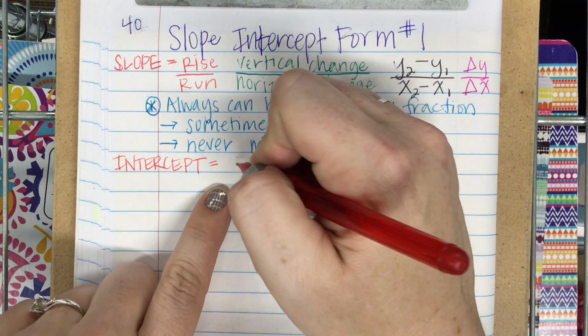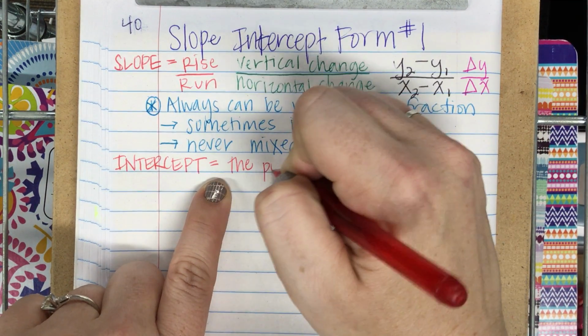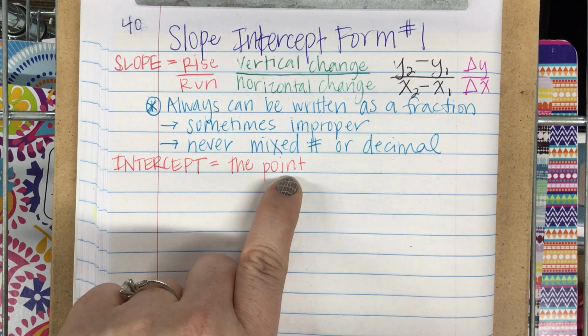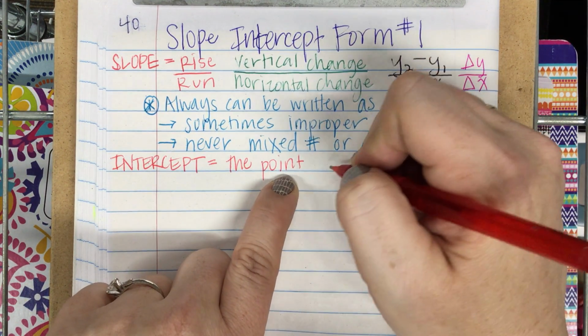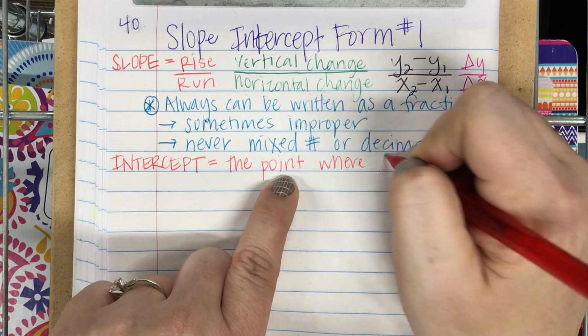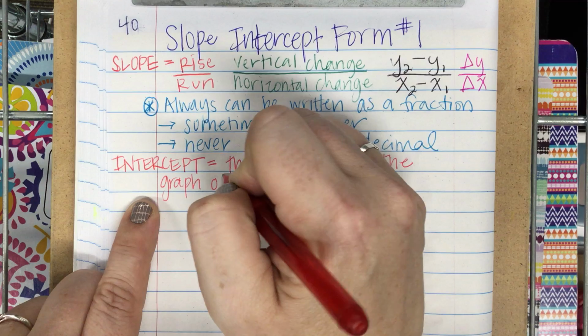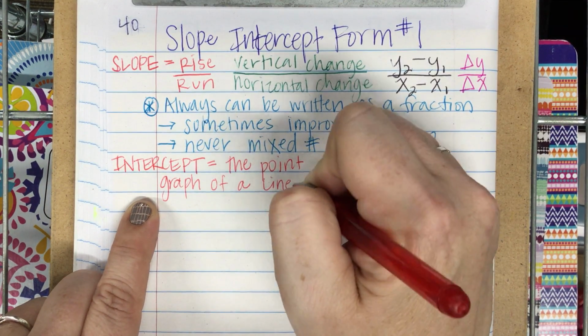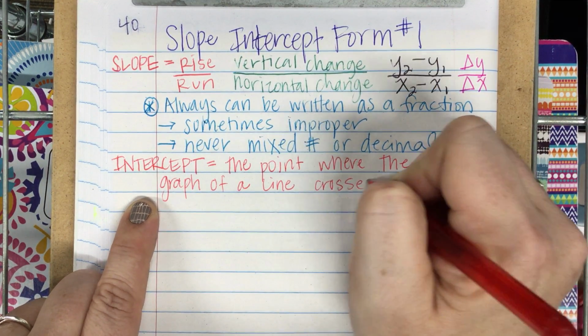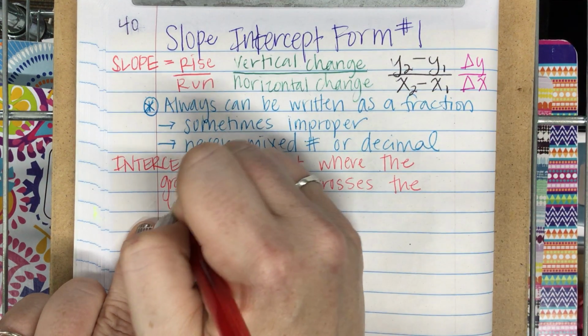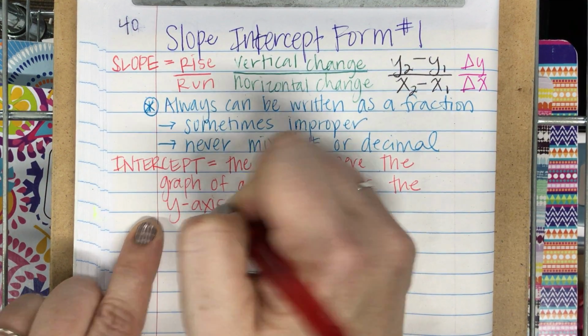An intercept is the point where the graph of a line crosses the y-axis.